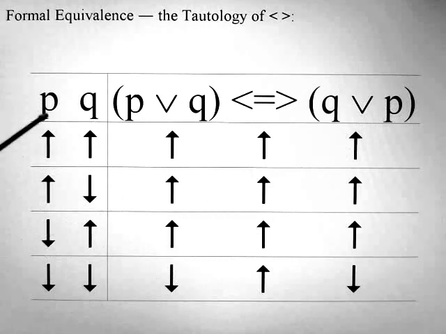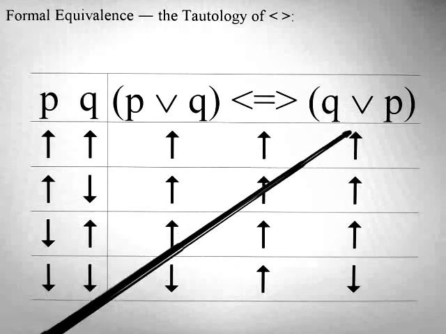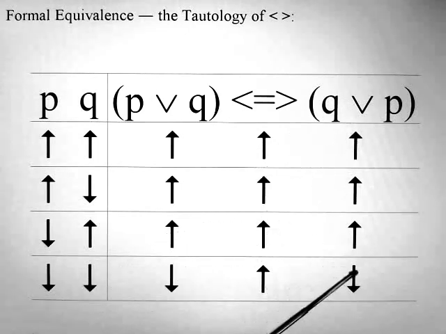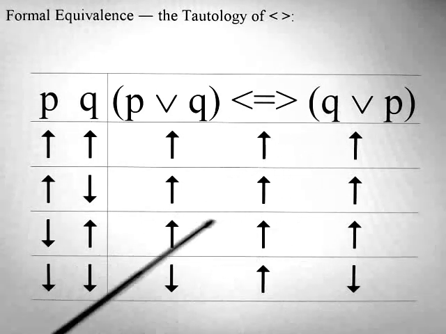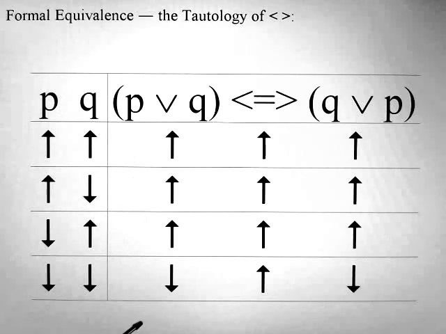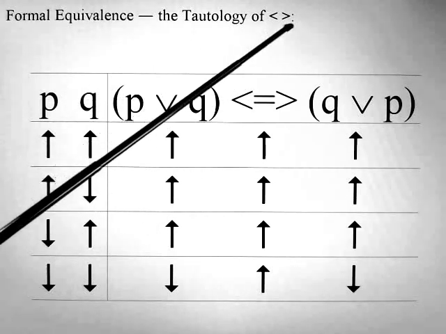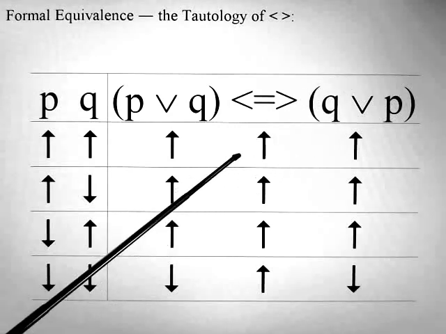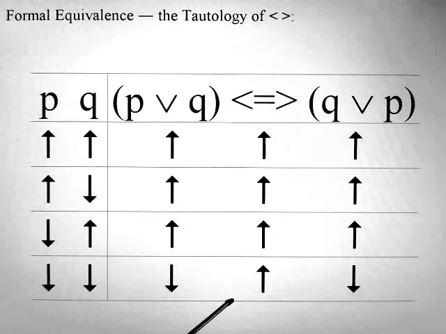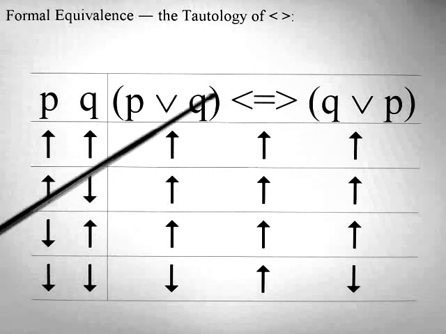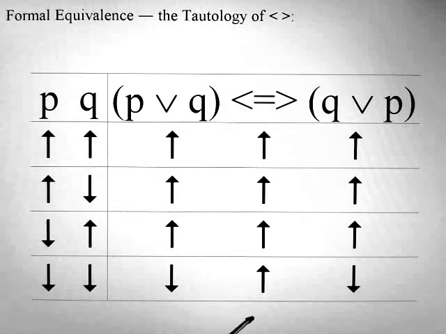But of course, changing the order of these two columns does not change the value of the logical true and false. And so we see that this disjunctive statement has exactly the same logical value as this disjunctive statement, so that whenever we ask, is the value of this the same as the value of this, necessarily they will be the same. And so the statement that says they are the same will always be true.